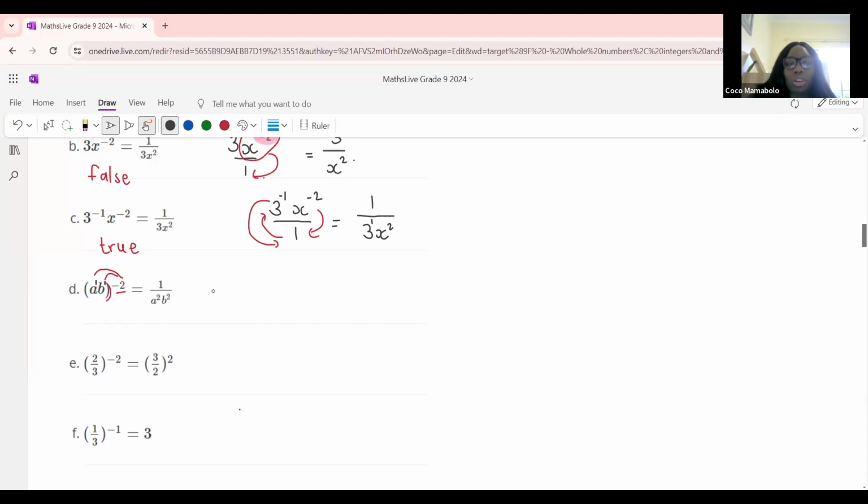So what we're going to get over here is a to the power of 1 times -2 will give me -2. And then b to the power of 1 times -2 will give me -2. Am I flipping one of them or both of them now? Because they're both negative.